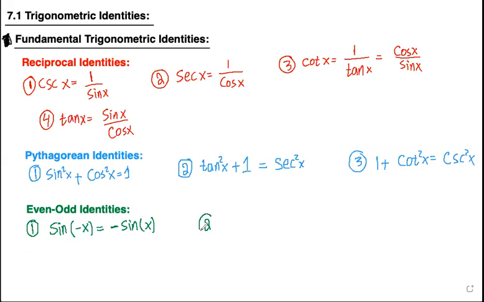Number two, the cosine function is an even function, so the cosine of x is equal to cosine of minus x. And third one, the tan function is an odd function, so tan of minus x is the same as minus tan of x. These are the identities we have to use during this section for proving and for simplifying.